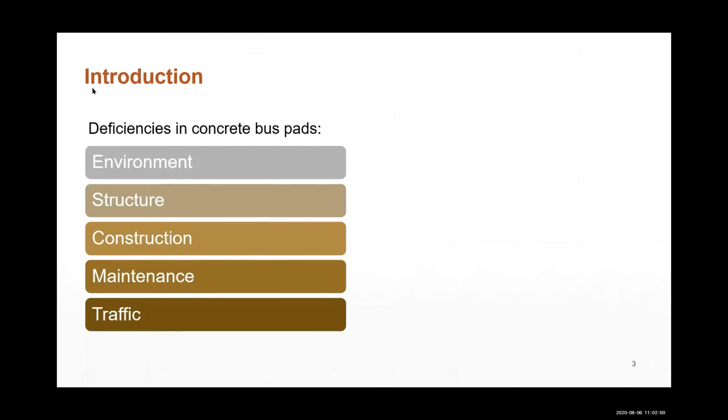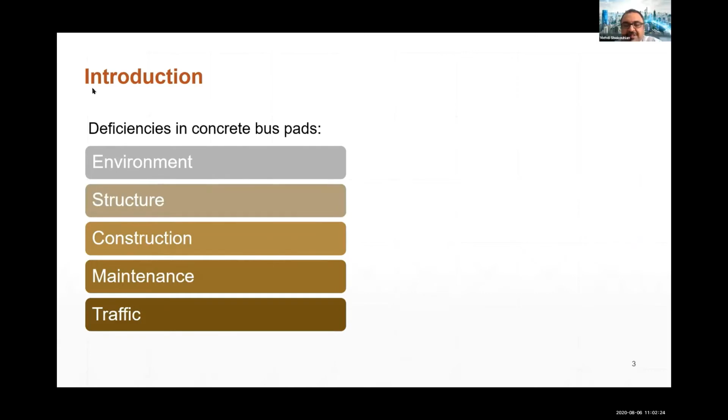Bus pads deteriorate over time due to the effect of the stresses caused by traffic and environment. How a bus pad responds to these stresses will depend on the bus pad structure, such as the material type, layers, thickness, type of reinforcement that we want to use, and subgrade properties, of course.